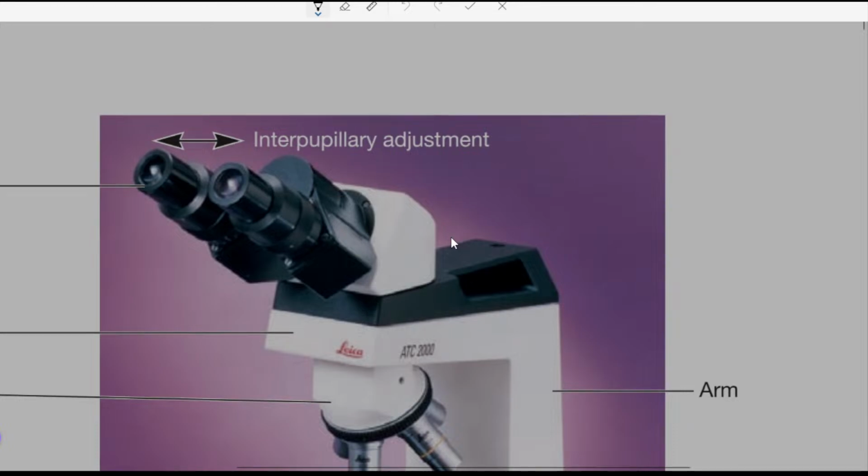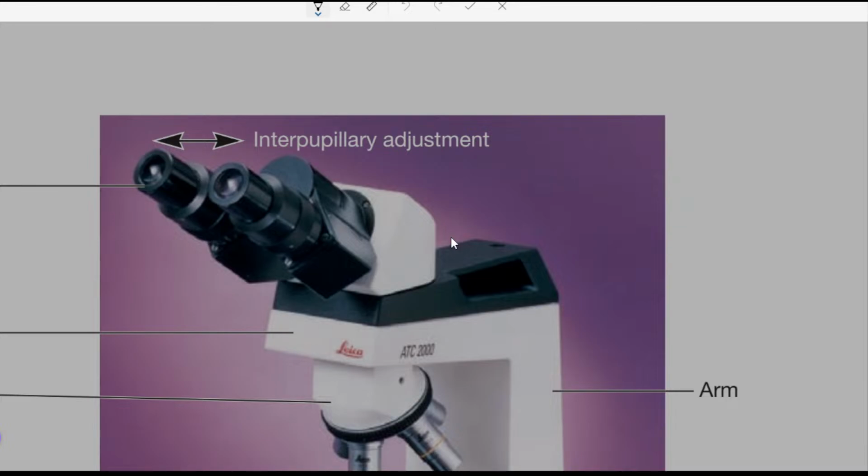Now you will be thinking, isn't it better if we use the higher magnification from the start? So the answer is no. Sometimes you don't want to dive that much deeper into the specimen. You just want to look at the outer appearance of the specimen, so you don't need that much magnification. It will actually distract you from looking at the original structure of the specimen if you go with a higher magnification.